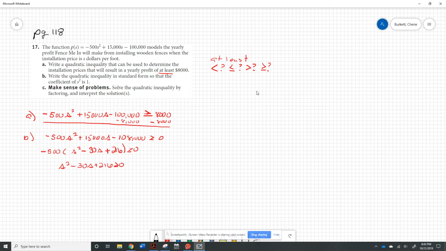To solve this, you now do an easy table, and the easy table needs to be 216. And some factors of 216 are, let's see, you could do 9 times 24. 216 divided by, that would be 12 and 18. And remember, they got to combine together to give me 30.